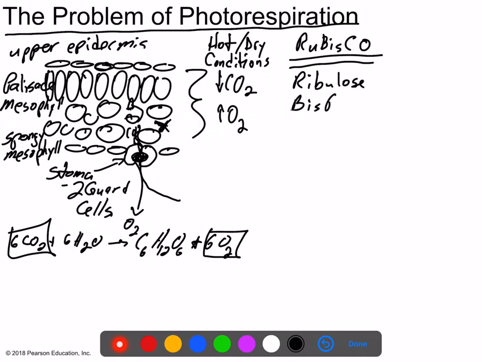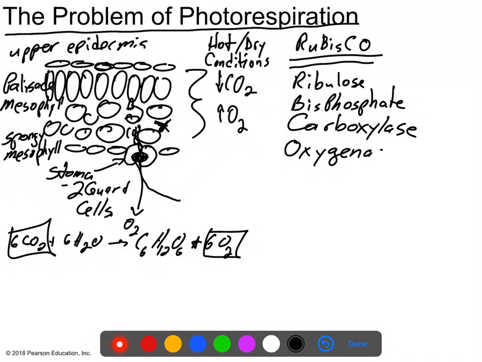But here's the full name. It's ribulose bisphosphate carboxylase oxygenase. Wow, it ends in ACE twice, in fact. Why is that? It turns out that rubisco is a very ancient enzyme.